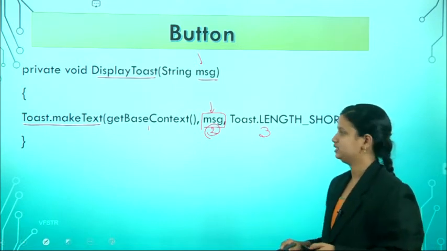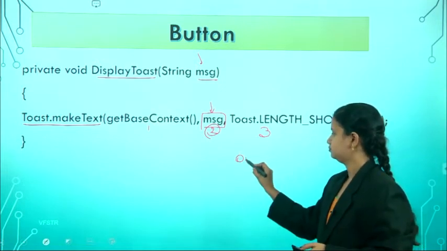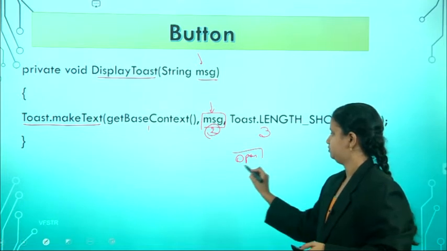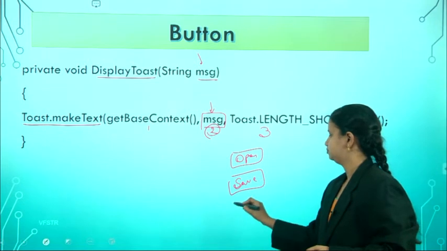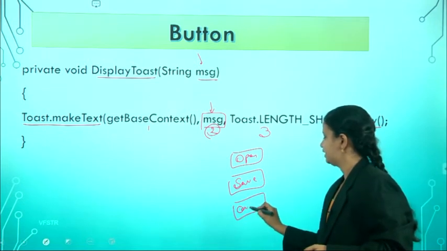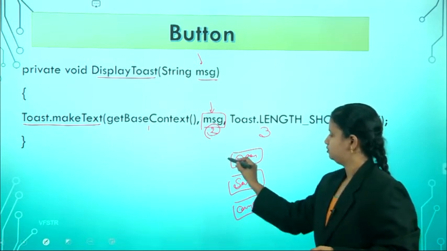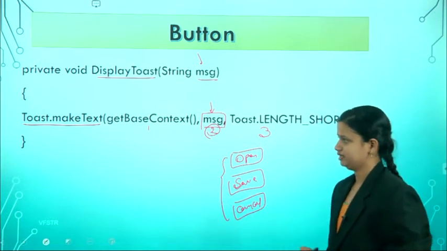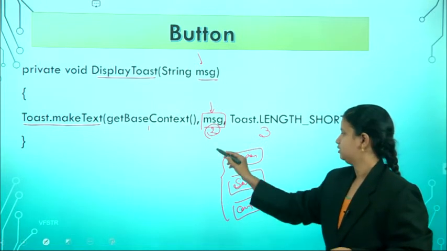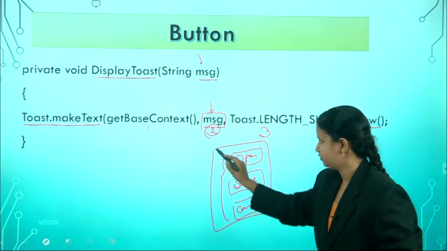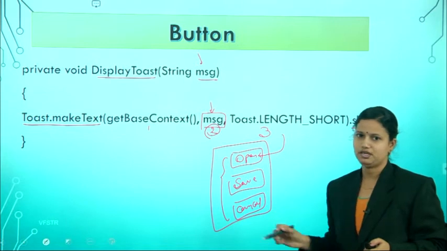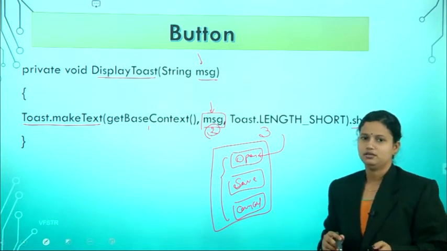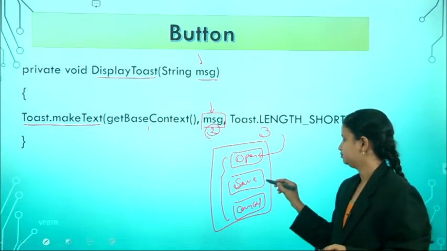Why we developed it is this: in your user interface there are buttons, open, save and cancel. While you are observing these three buttons in your user interface, whenever you click on the open button, the message is that you are selecting the open button.